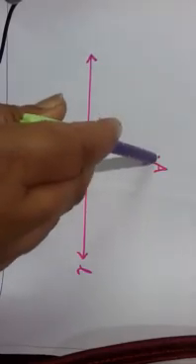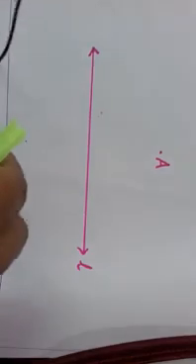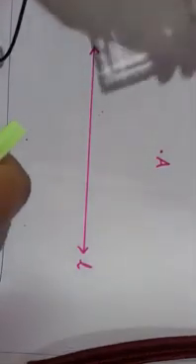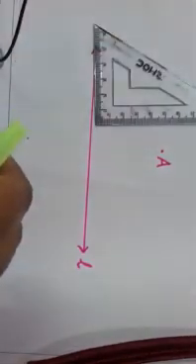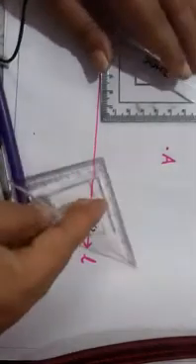Outside the line means upward, wherever you can take point A. We have already done example 1, that is construction 1. Same way you have to do this construction also.